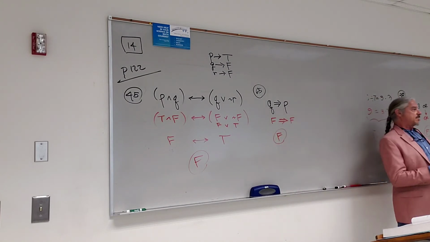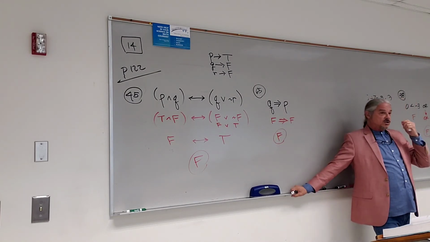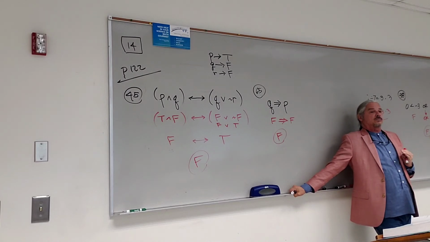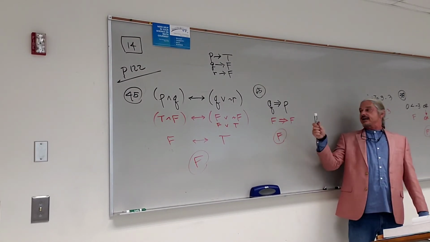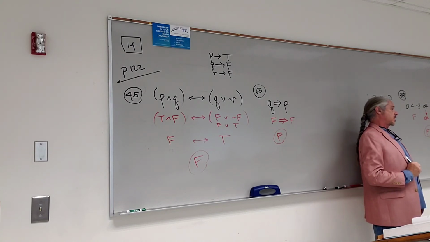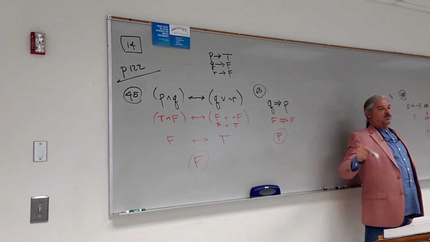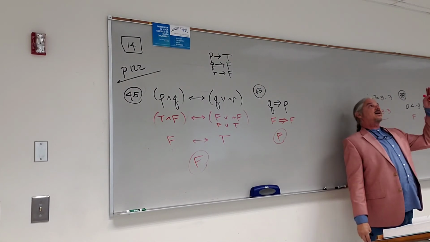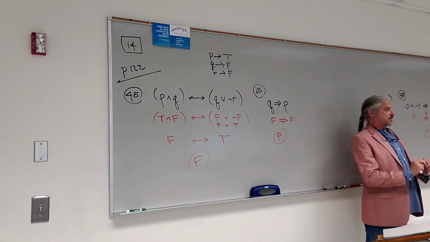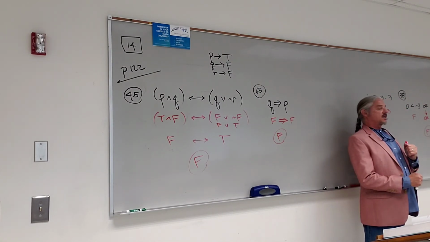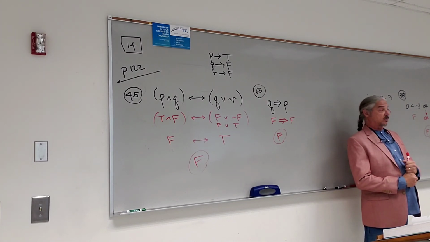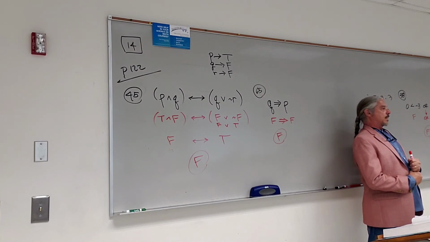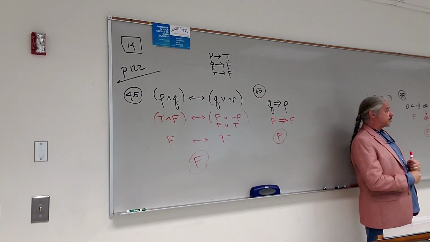A conditional statement, which is what that is, is only false if the first part is true, the antecedent, and the second part is false, the consequent. So if true, then false is false. That's the only time a conditional statement is false. You got to know that. Or be very quick with the chart. I'm going to give you one with knots and stuff, parentheses.